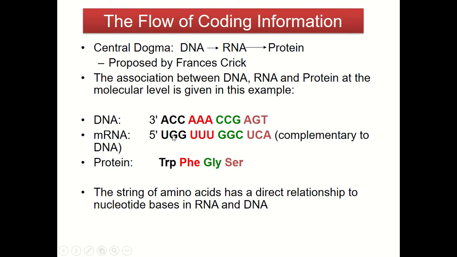So how does the flow of the coding information, or the genetic code, work? The flow of the genetic code is known as the central dogma, proposed by Francis Crick, in which the genetic code inside the DNA will be transferred to the RNA during the transcription process, and the genetic code carried by the RNA will be translated into protein for protein synthesis during the translation process.